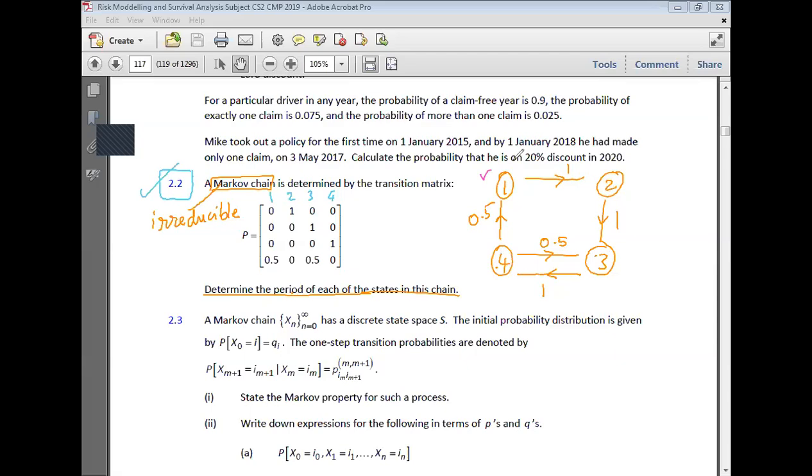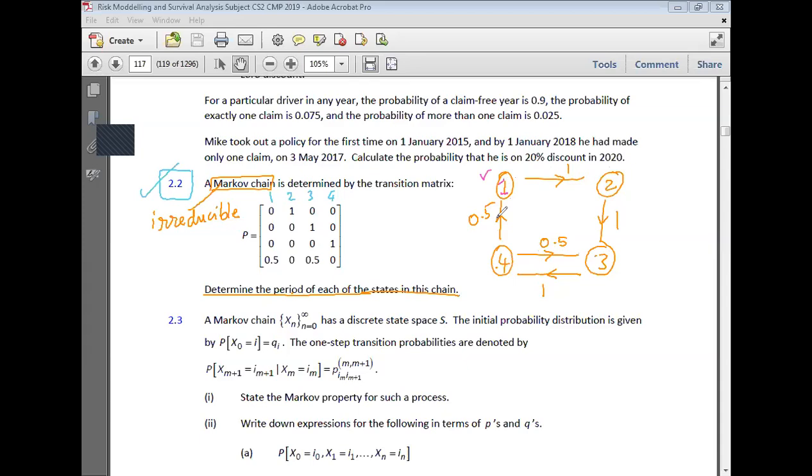So to reach 1, in one step you can reach from 4. Whenever you figure out the period, you start in state 1, and now you want to check how you can reach state 1 again.